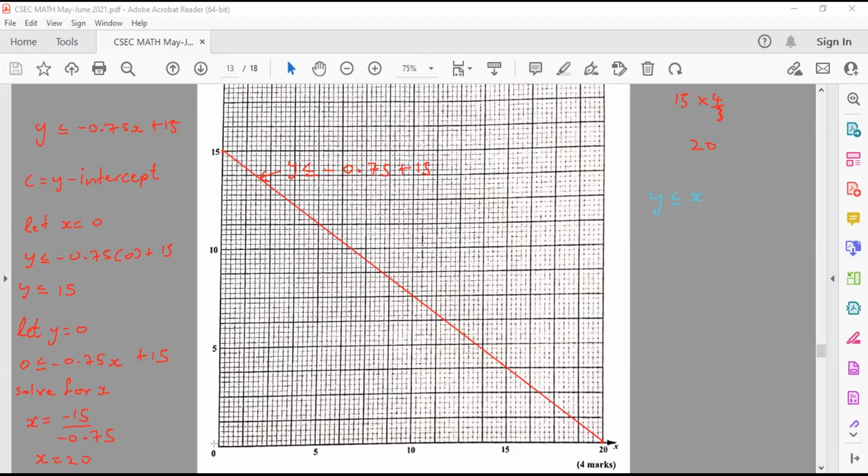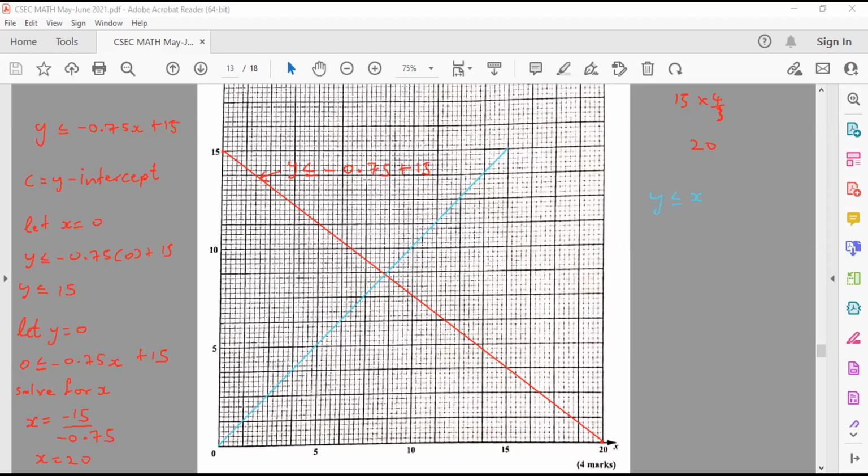So I'm just going to draw a straight line. Can you see that? 5 and 5, 10 and 10, 15 and 15. So any value that y is, x is. That's what it means, x is equal to y.